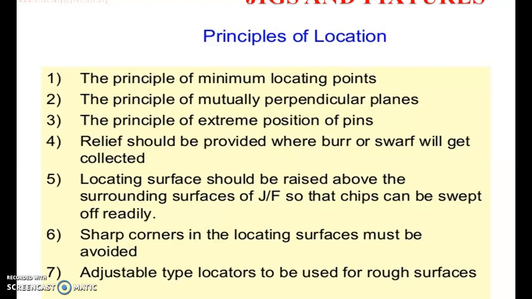Number 4, relief should be provided where burrs or shafts will be collected. Number 5, locating surface should be raised above the surrounding surfaces of the jig and fixture so that chips can be swept away radially. Number 6, sharp corners in the locating surface must be avoided. And number 7, adjustable type locators are to be used for rough surfaces.